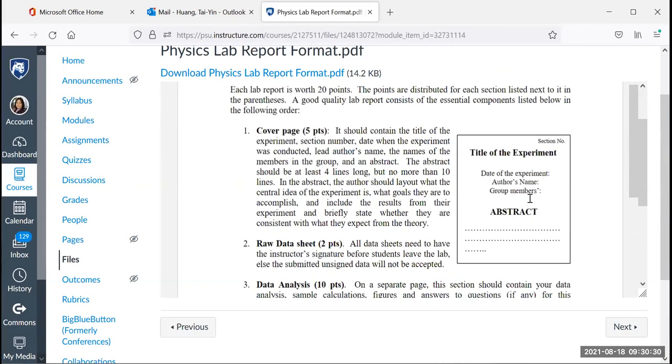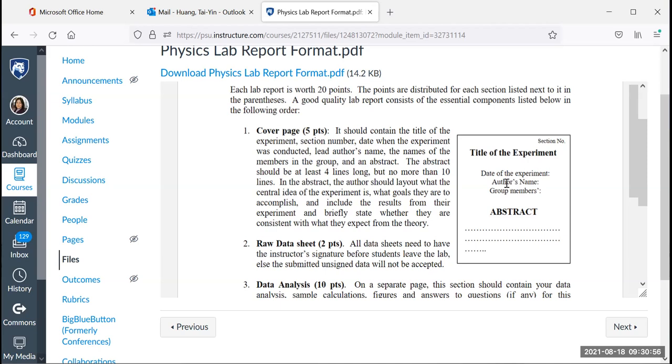You should have a cover page. The cover page should have the section number at this location, and you should have the title of the experiment, the date of the experiment, not the date when you write the report, and your first author's name followed by the group members. The lab reports will be a group effort, and I want each person to take turns writing the report.